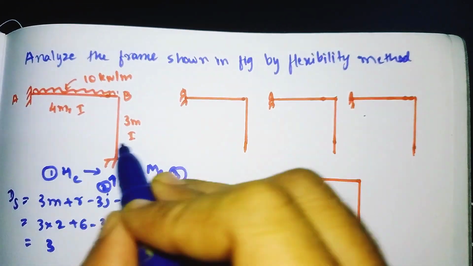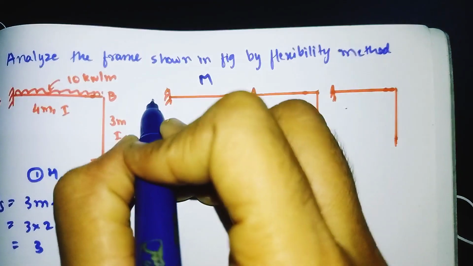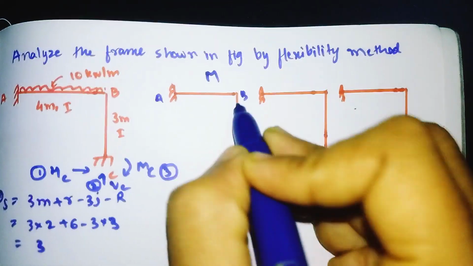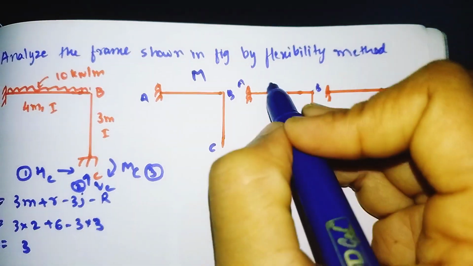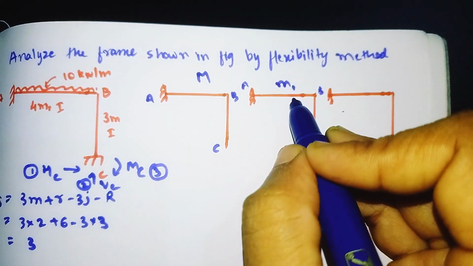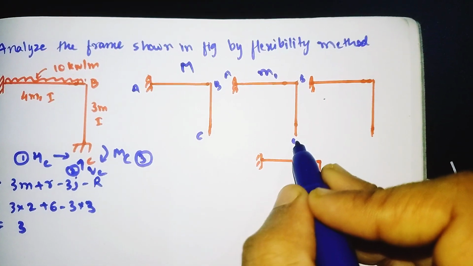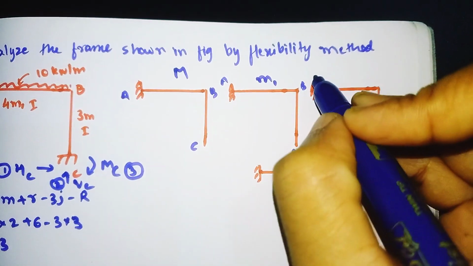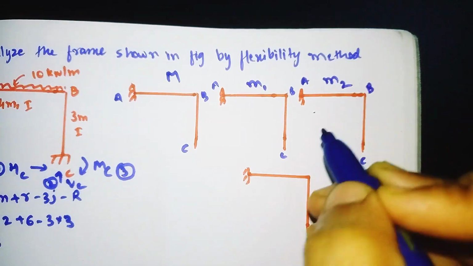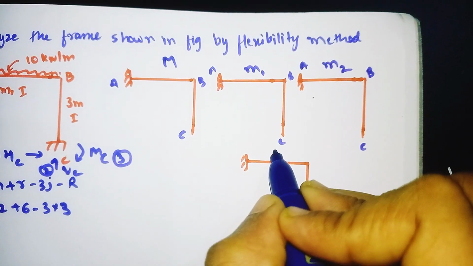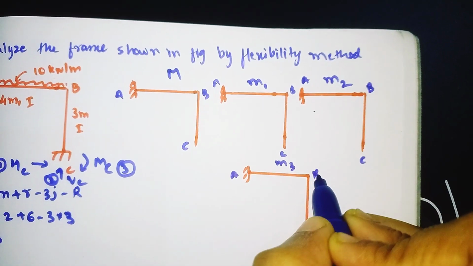This is the released structure of this frame, called the capital M diagram. Name the points A, B, C. This is our M1, the moment of coordinate number 1, that is our SC. This is also A, B, C. This is M2, for coordinate number 2, and this is M3, for coordinate number 3. Now give the names to all.